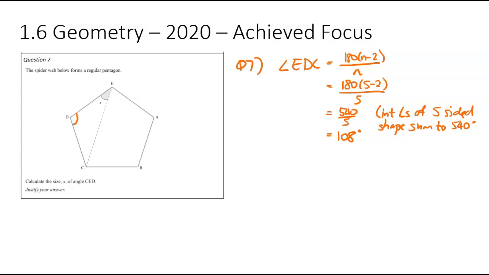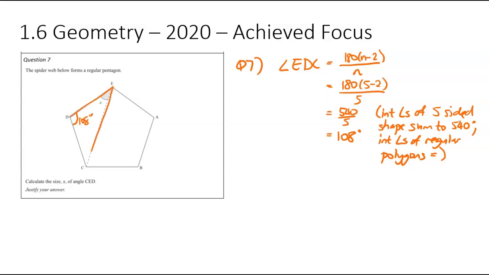And we divided it by 5 because the internal angles of regular polygons are all equal to each other. So internal angles of regular polygons are always equal. So 2 reasons to get to that. So we've now found out this angle here is 108 degrees.